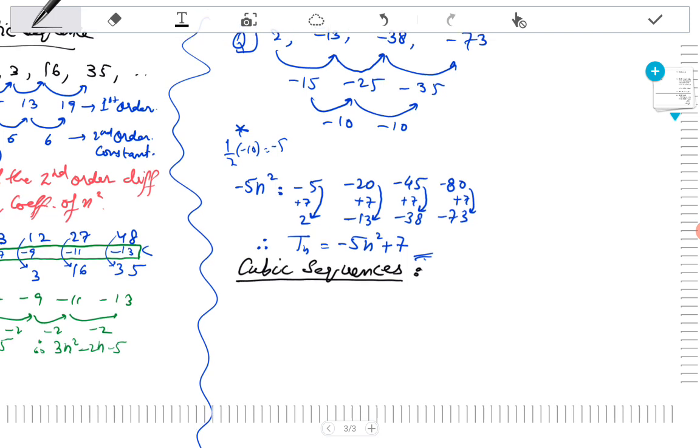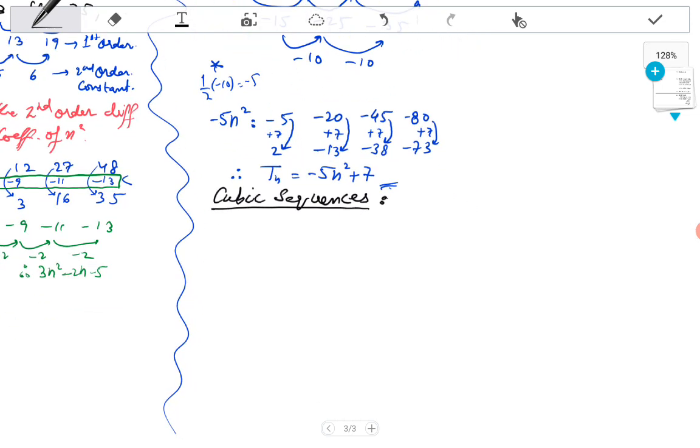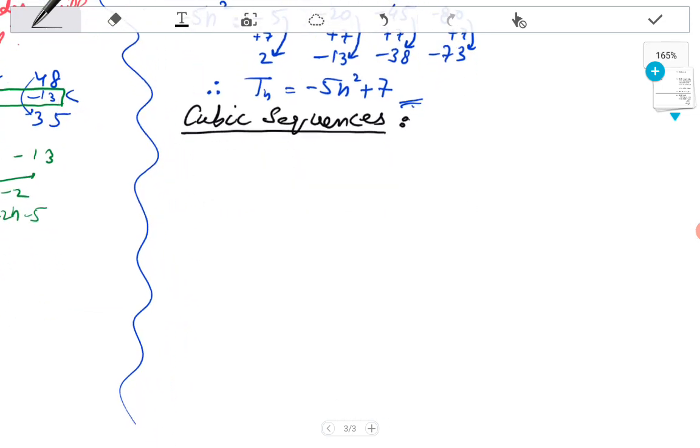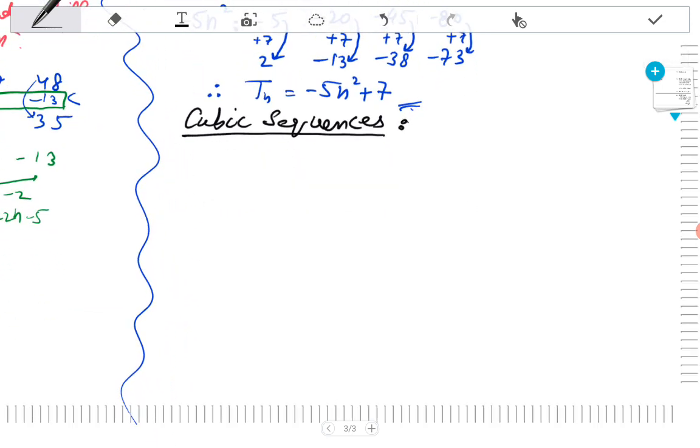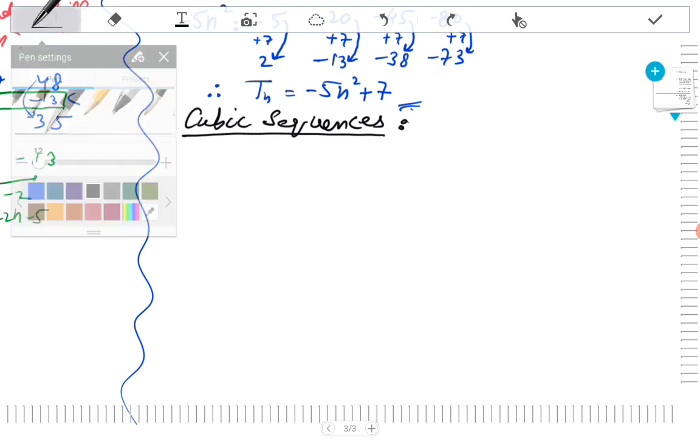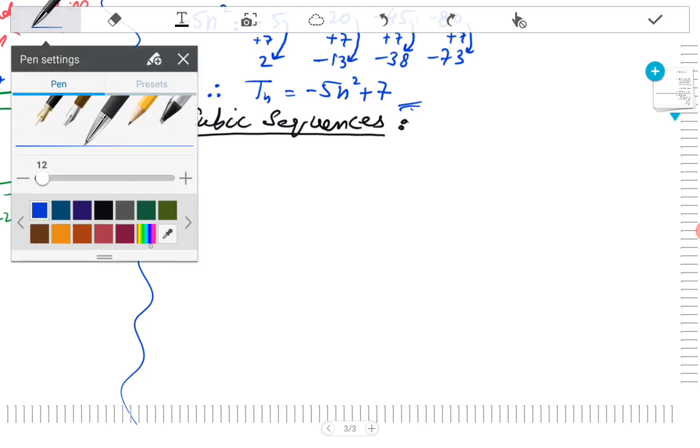Generally, a cubic sequence can be made like an cube plus bn square plus cn plus d, but that kind of complicated sequence won't come in your syllabus. Only simple questions will appear. Like if I give you an example, generally they appear like this.